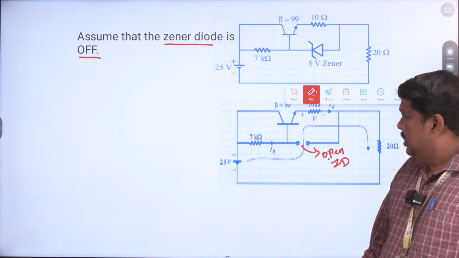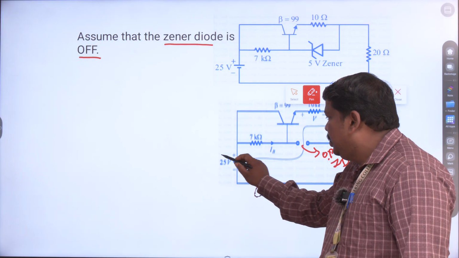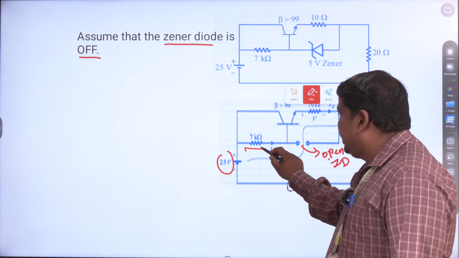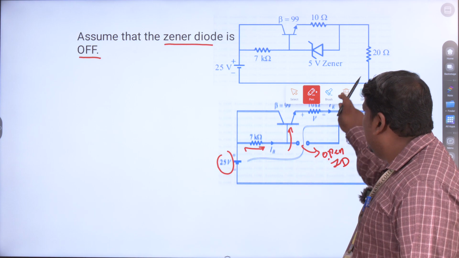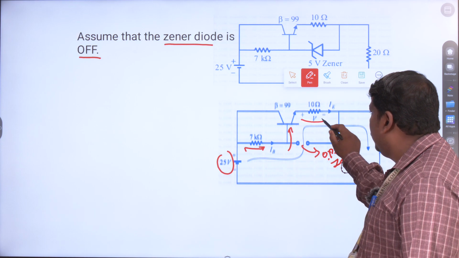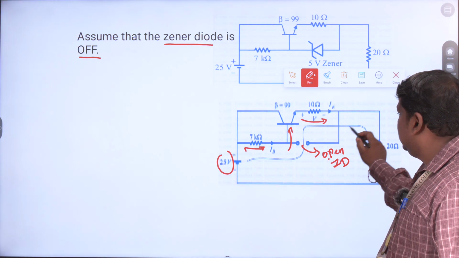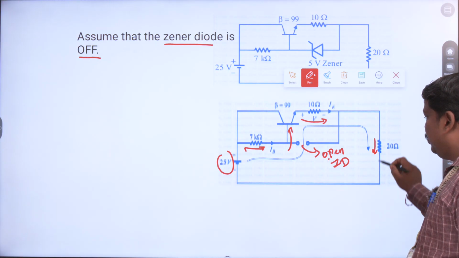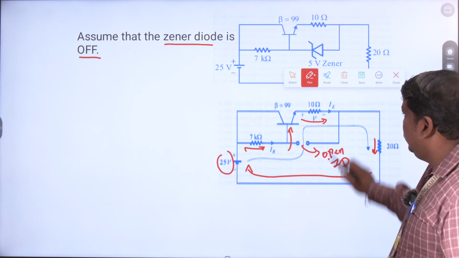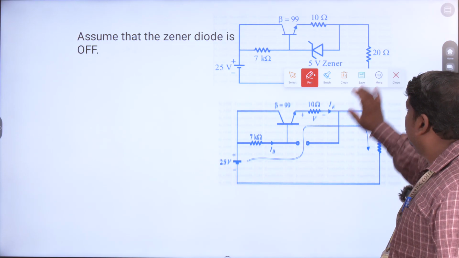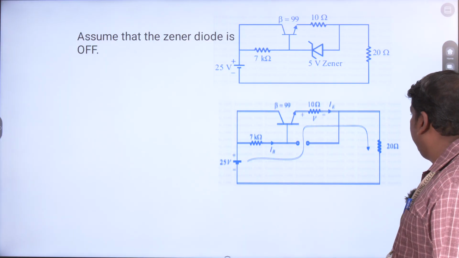So the current flows from the 25 volt source through the 7 kilo ohm resistor, through the transistor, then to the 10 ohm resistor, then the 20 ohm resistor, and back to the source. This is the flow of current for the given circuit.